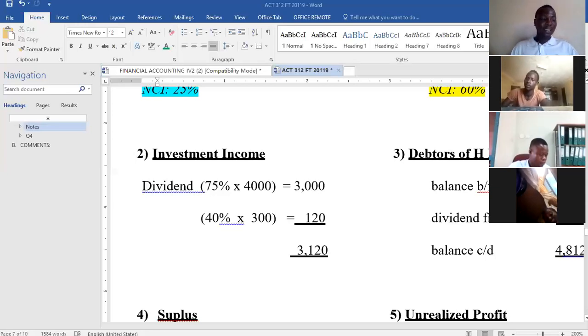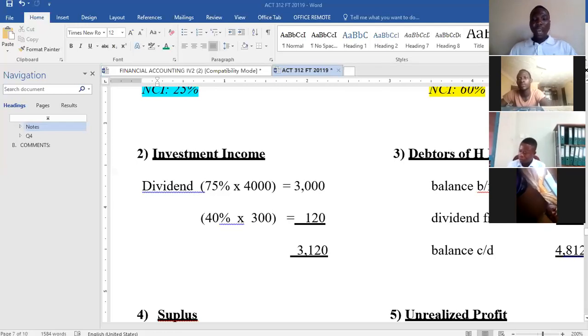Whenever they say you are to include dividend in the books, they know that there are two treatments to the dividend. So this 3,120, we are going to add to our books, and then take it out again from our books on the principle of intragroup balances. If I have received dividend, dividend is an income.